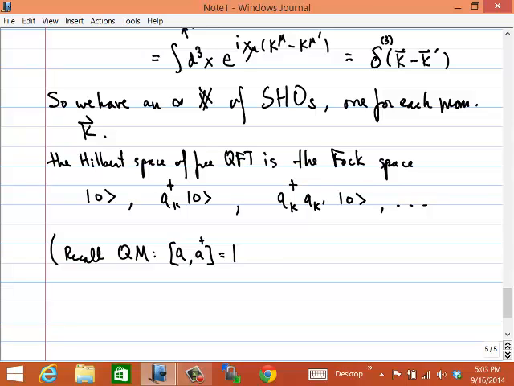But if you assume that you have this algebra and you have, say, a Hamiltonian proportional to A dagger A, and you demand a finite energy ground state, then there's only one possible Hilbert space. It's the Hilbert space where you have the vacuum state and the various n excitation states that you get by acting on the vacuum state with these raising operators. Okay.